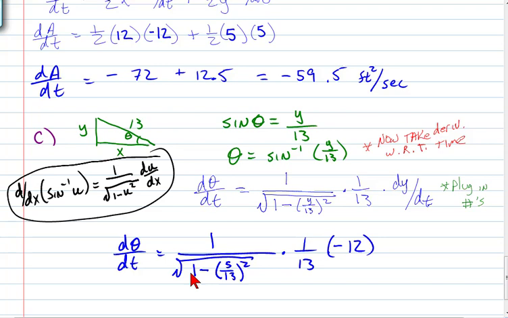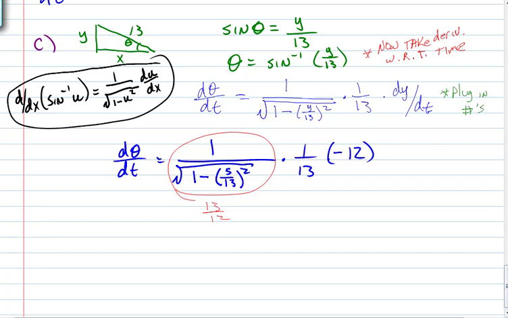Now, math, enter. If you plug that into your calculator, you end up getting 13/12. So d theta/dt is equal to 13/12 times negative 12 over 13.